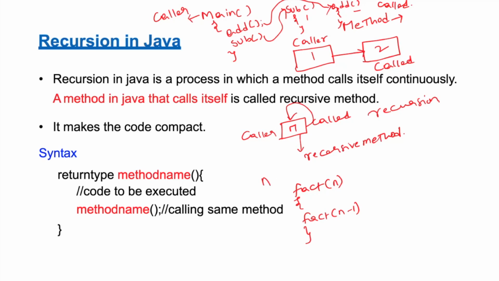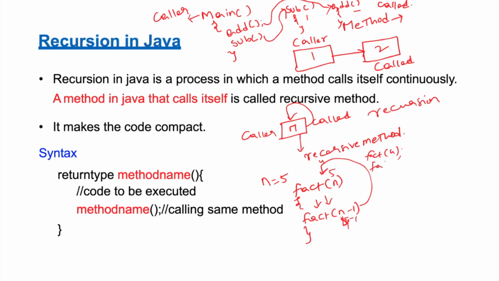Initially, let us assume that n is equal to 5. With 5 it will go inside, and n minus 1 is 4, so it will call the same function as fact of 4. Again it will come inside, and since it is coming with 4, 4 minus 1 is equal to 3.